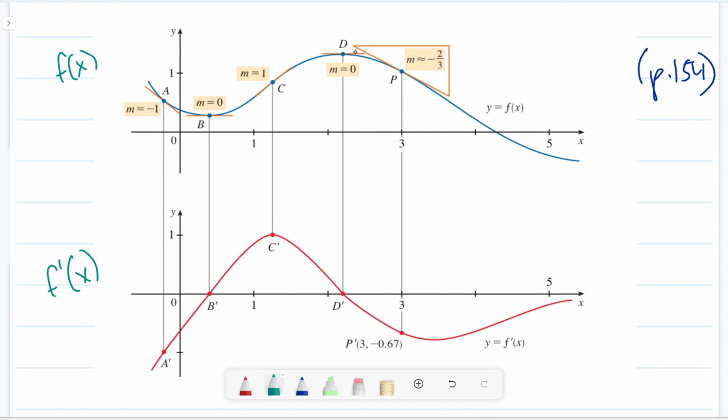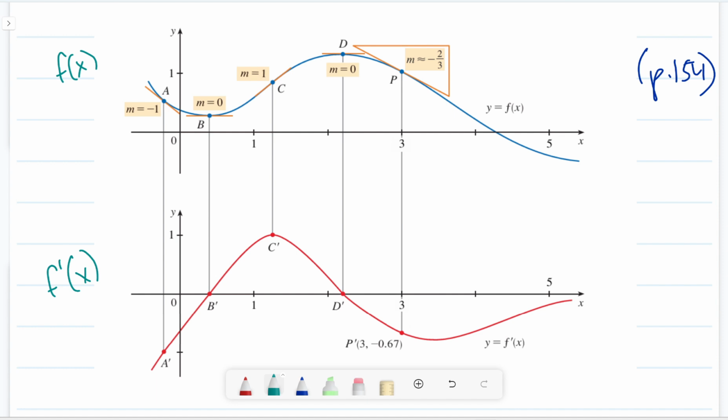At point D, since the tangent is horizontal, so the slope is 0, at point D we have a value that's 0 in the graph of the derivative. Now, at point P, the slope is around -2/3. So we have a point that's negative. It's -2/3 down here in the graph of the derivative.